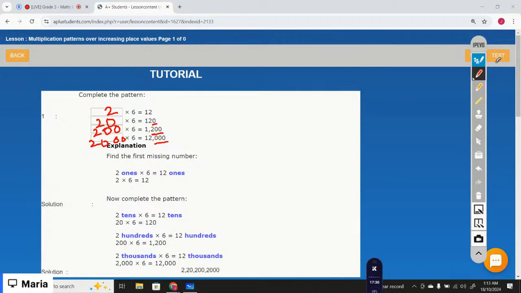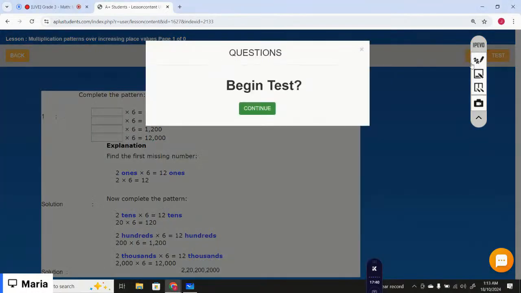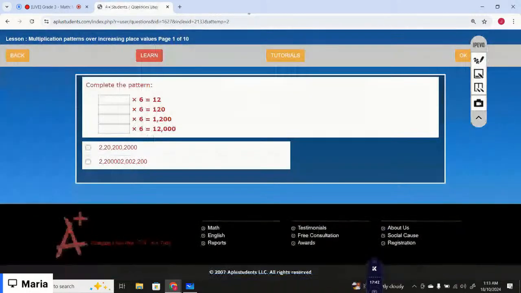Let's just start with the test questions. Okay, complete the pattern. 6 times what number is 12? 6 times what number is 120? Then 6 times the missing number is 1200. Then 6 times the missing number is 12,000. That's the one we just did in the tutorial.